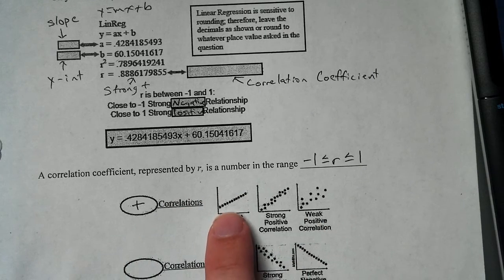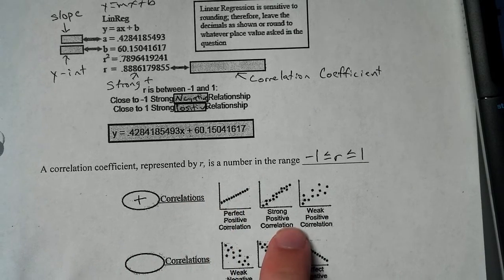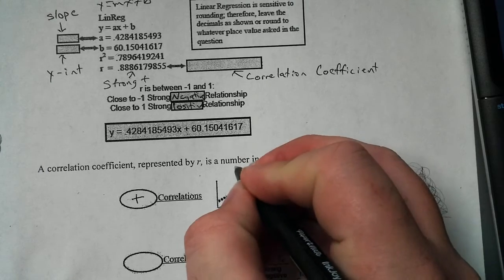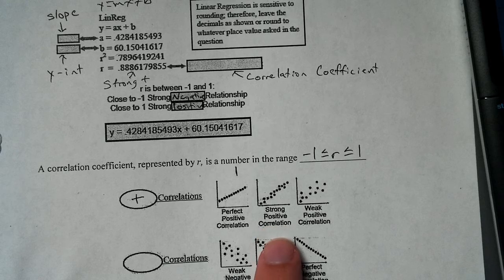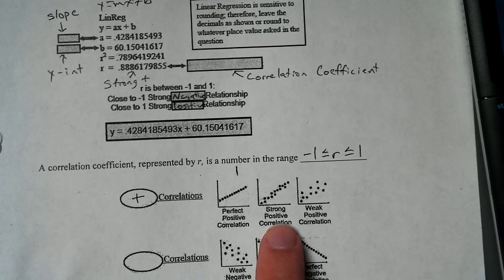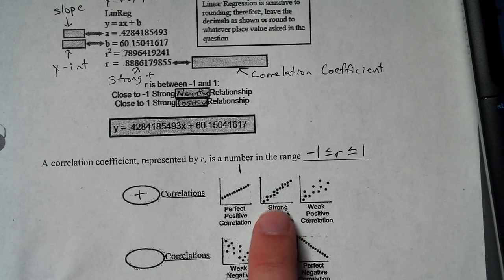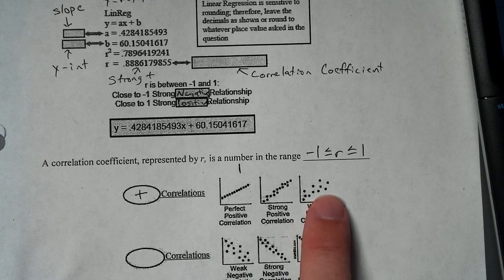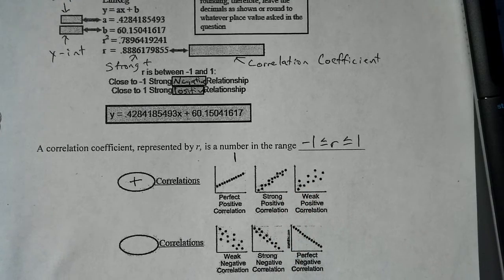A perfect positive would make a straight line. This is only going to happen at a value of 1 positive. Strong positive correlation, this could be values close to 1: 0.8, 0.9, 0.7. Weak positive correlation, maybe the value is like 0.3, 0.4. There's some relationship, but it's really weak.